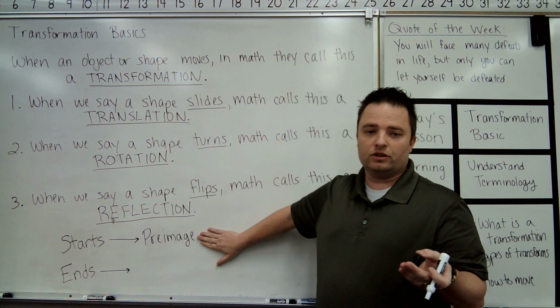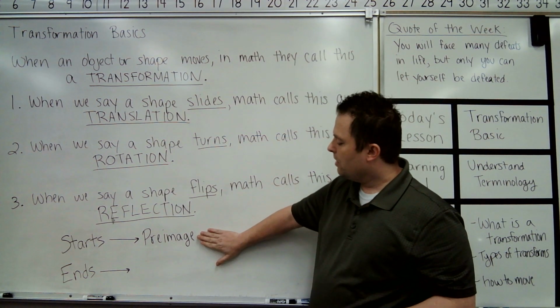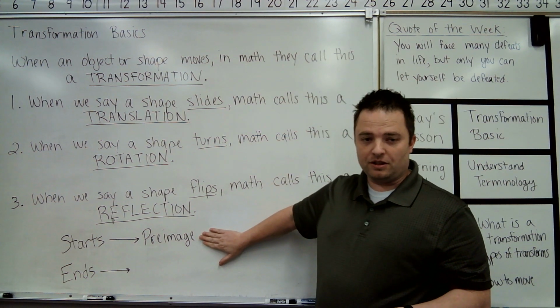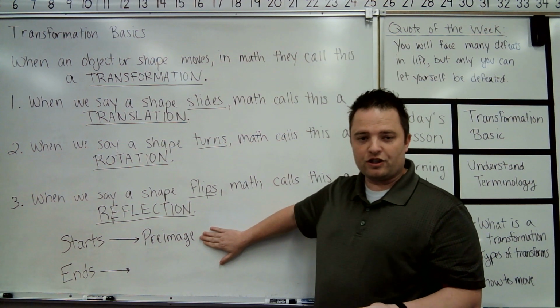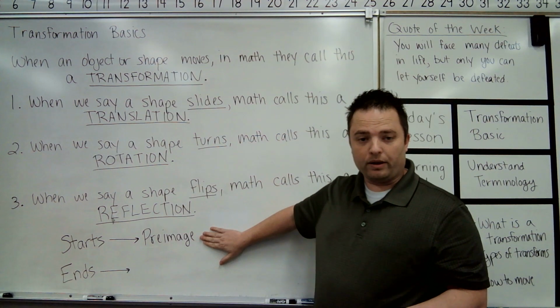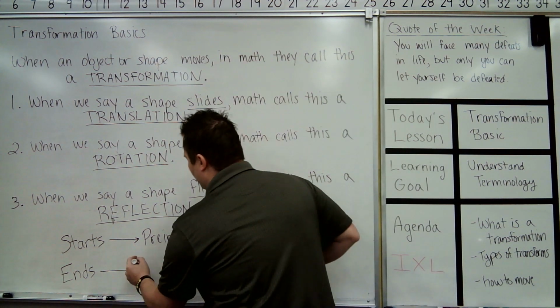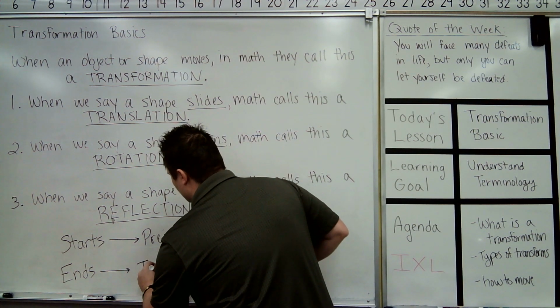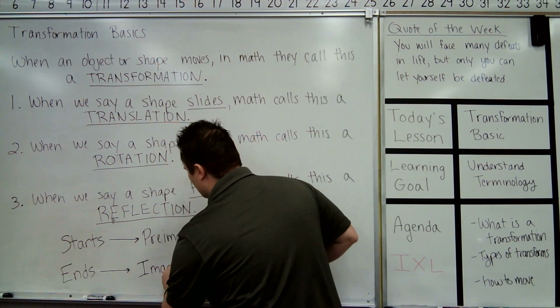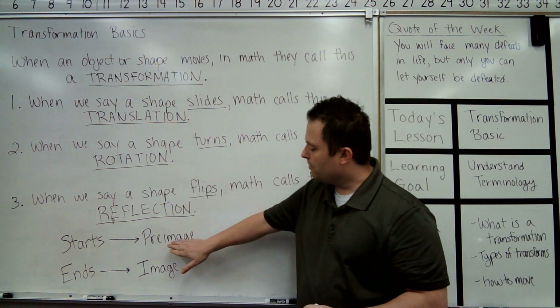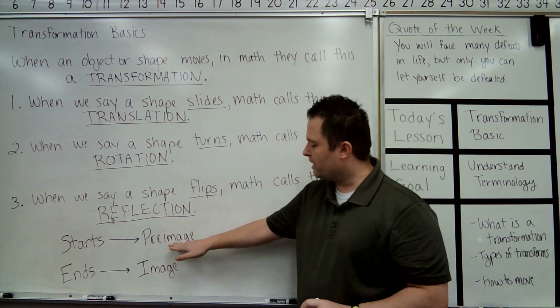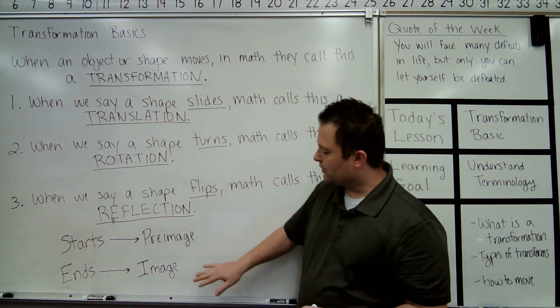It still is a triangle, a square, a quadrilateral, but when they label it the pre-image, this is telling you that whatever object is there, whatever shape is there, is the starting point. The ending point is called the image. Okay, the image. Where it ends is the image. Pre-image, meaning before the image. This is where it starts, this is where it ends.